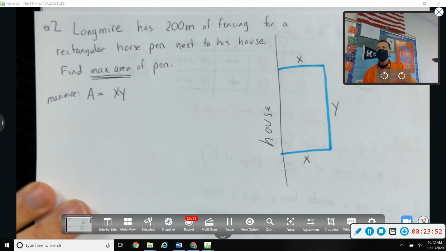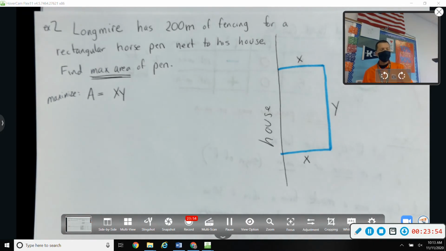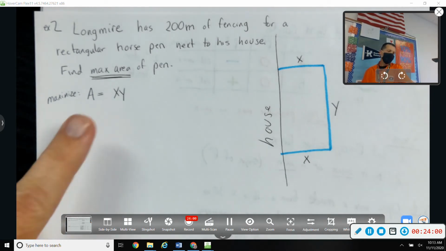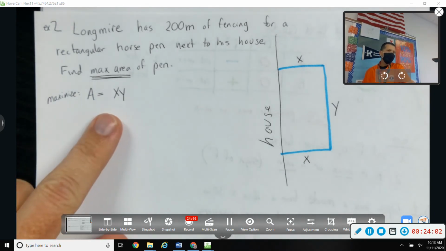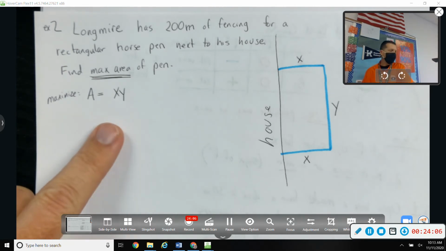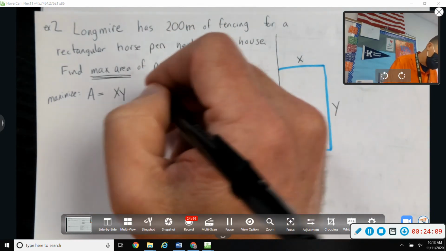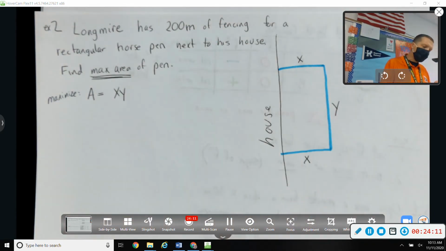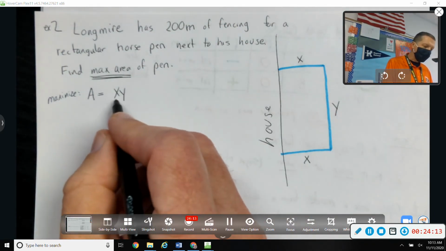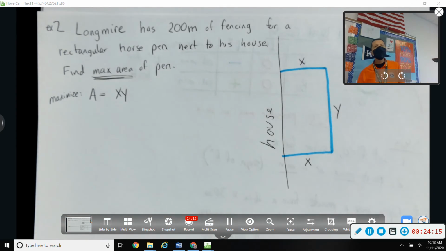But if I take a derivative of that, it's got two variables in it, so I'd be using product rule to start with, and then I'd have dx and dy. I don't want to mess with this. I need a helper equation to get rid of x or y. So what else do I know about this problem that would help me in terms of x and y?